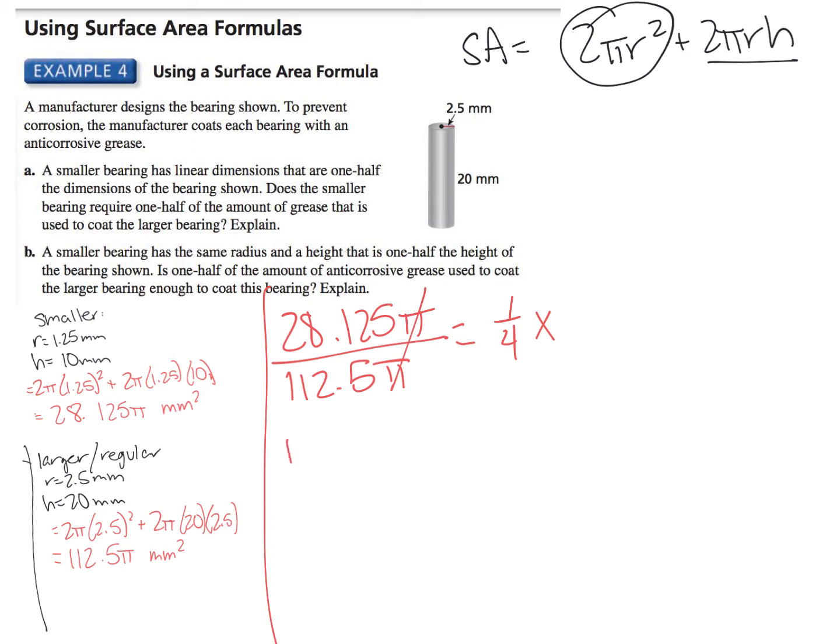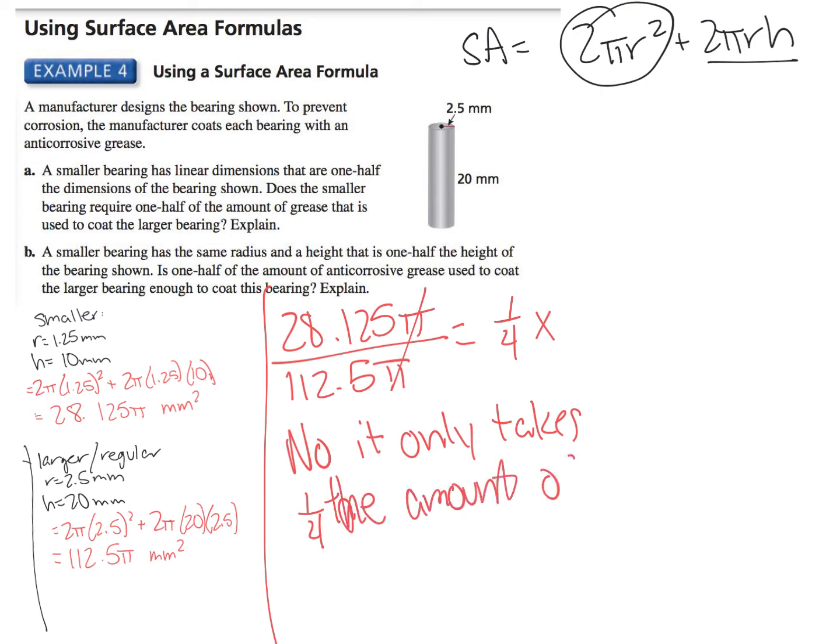So to answer the question, you can say no, it only takes 1/4 the amount of grease or something like that. That's to answer the question for A. Now for B, it says a smaller bearing has the same radius, but the height is 1/2.